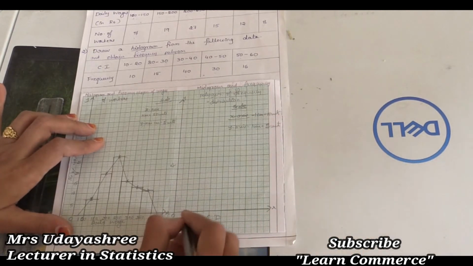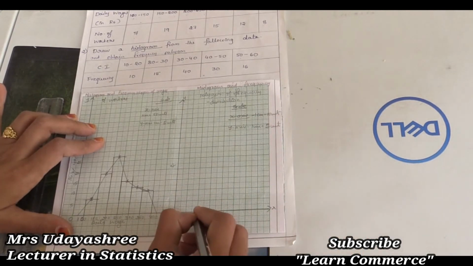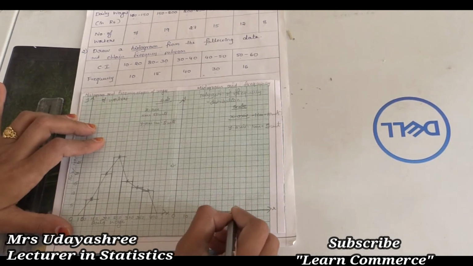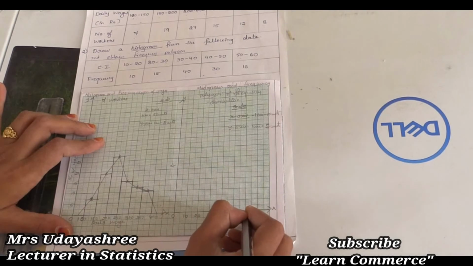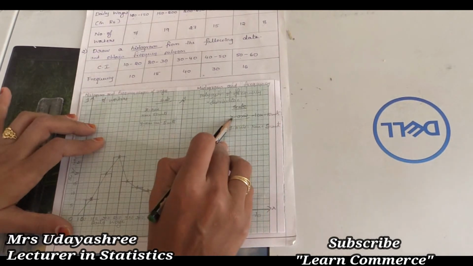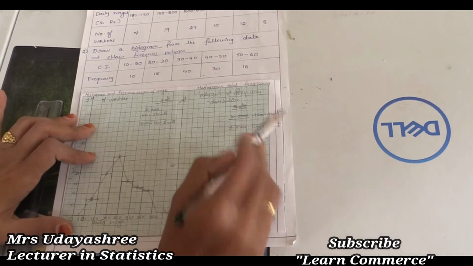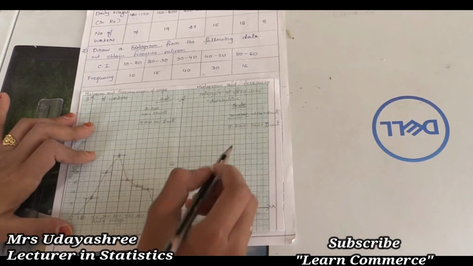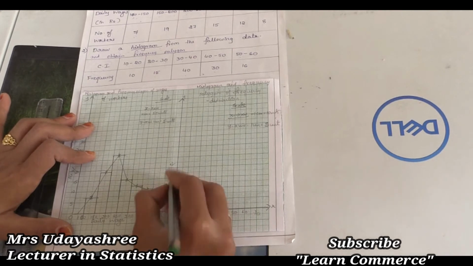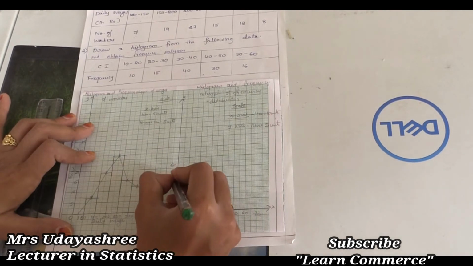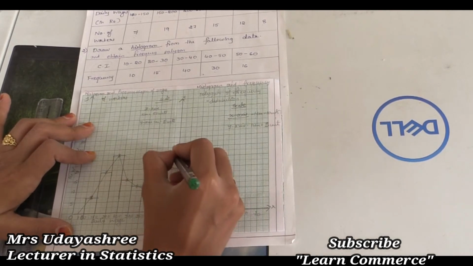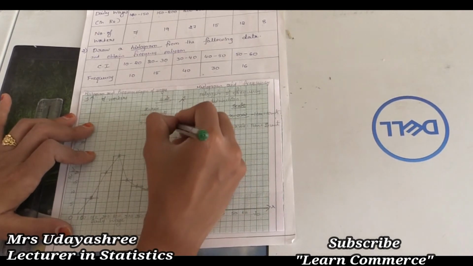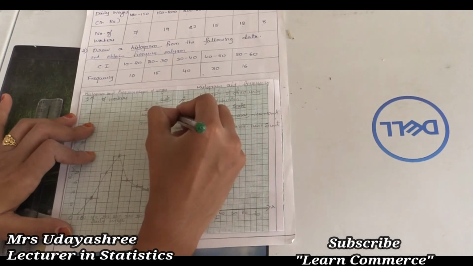So origin is 0, next 10, 20, 30, 40, 50, 60, 70 on x-axis, and on y-axis 5, 10, 15, 20, 25, 30, 35, 40, 45.